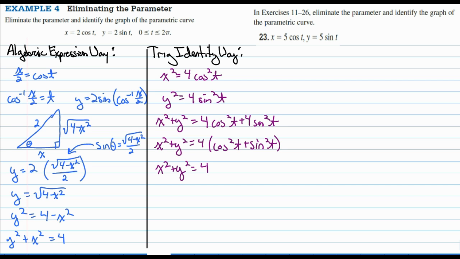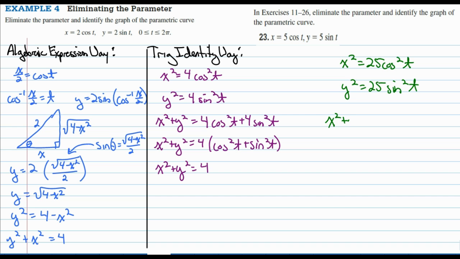For the now try problem number 23, I'm going to do the short, easy way. I'm going to square the horizontal and vertical expressions: x squared equals 25 cosine squared t, y squared equals 25 sine squared t. Then I'm going to add them together.